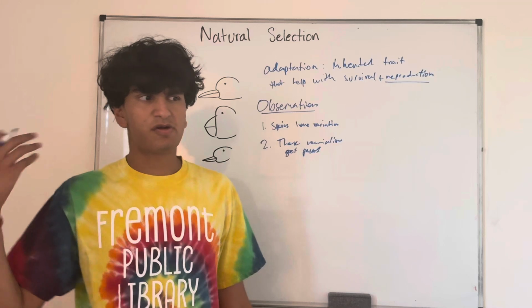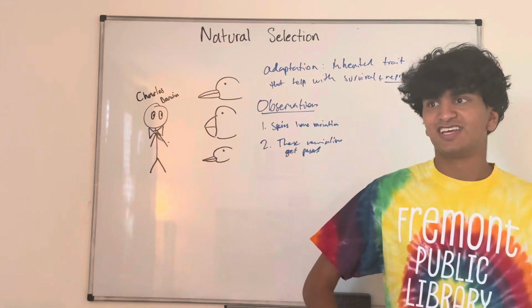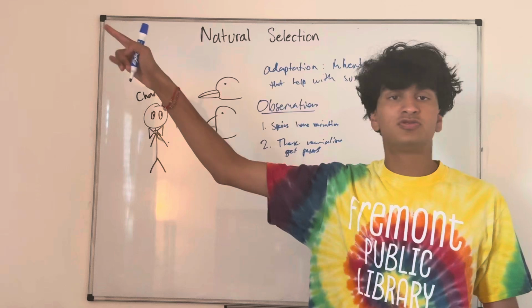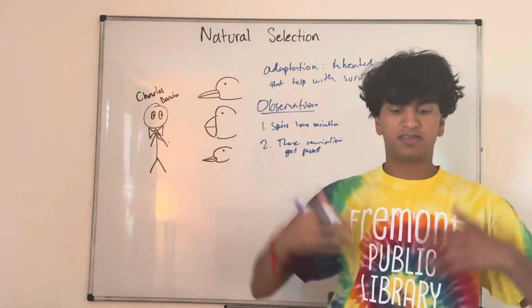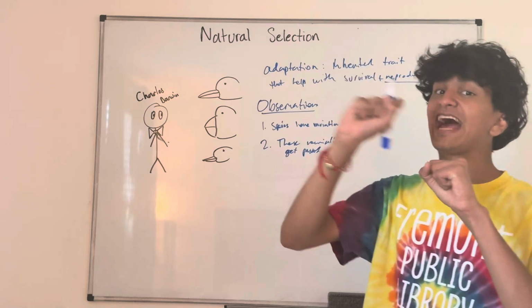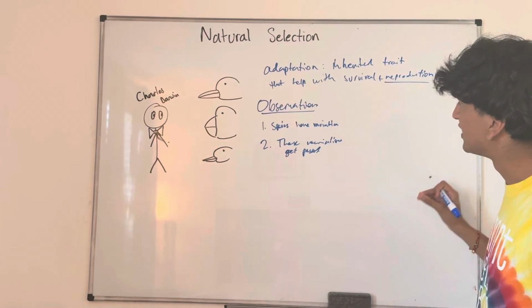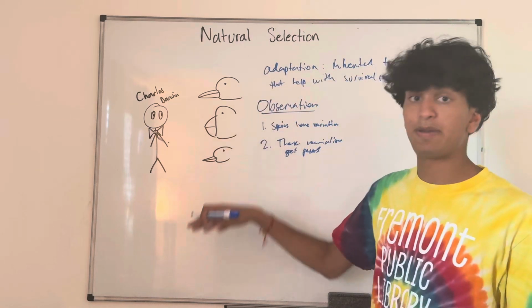Usually, if you have curly hair, chances are your parents have curly hair, and obviously that's not always the case. Sometimes you could have two parents with brown hair, and then they give birth to a blonde kid. So it's not as simple, it's complex, but the basic idea is that variation does get passed down.